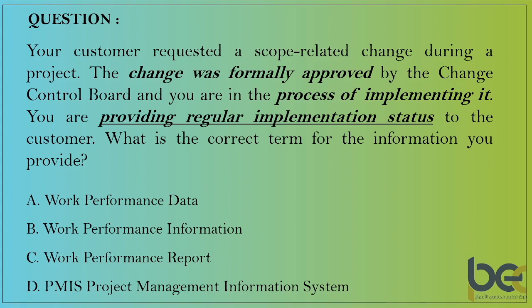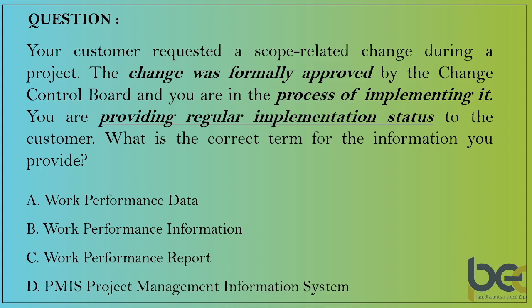So a change has happened, we are implementing it. And then what is happening? We are providing regular implementation status to the customer. So a scope related change happened, change was approved, we are in the process of implementing it and providing regular implementation status. Now, if you don't understand the meaning of work performance data, information, report, then there is a huge possibility you might not get this question.